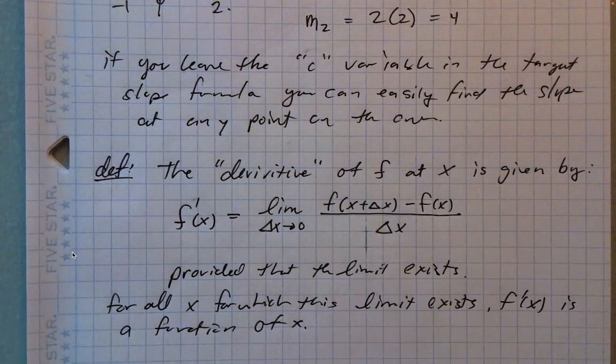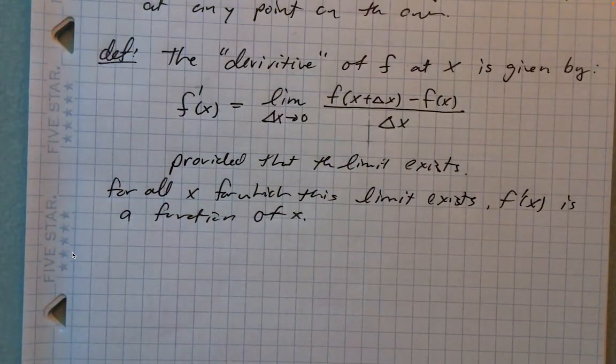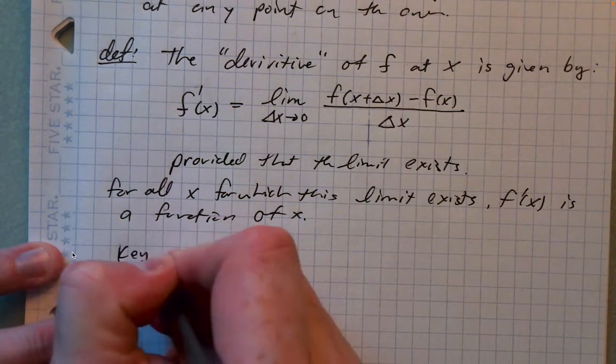Basically we have a new function here called f prime, which is the derivative of the original function f. Now, one of the key things to note is that the derivative of a function of x is also a function of x. This new function provides you with the slope of f at any point. So this is key.